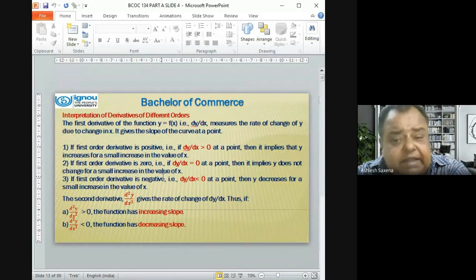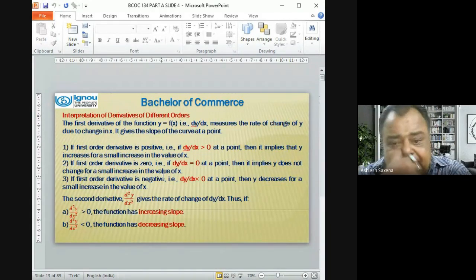If dy by dx is equal to 0, it implies that y does not change for a small increase in the value of x. And if your first derivative is less than 0, that means y decreases for a small increase in the value of x.